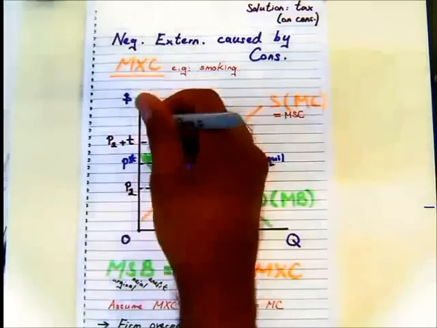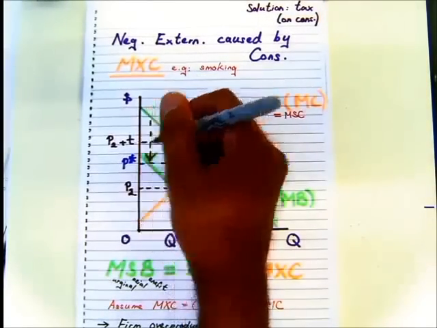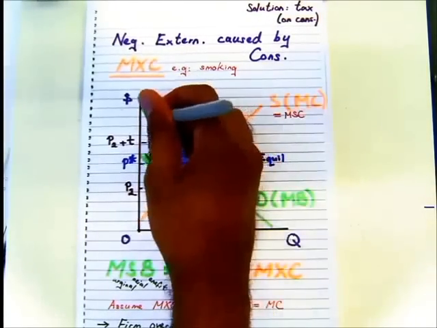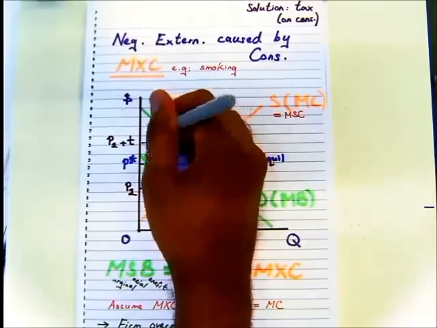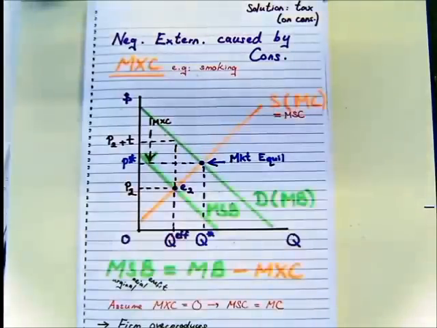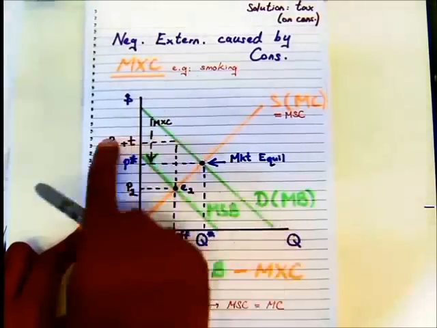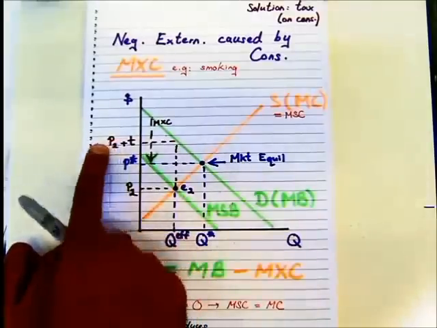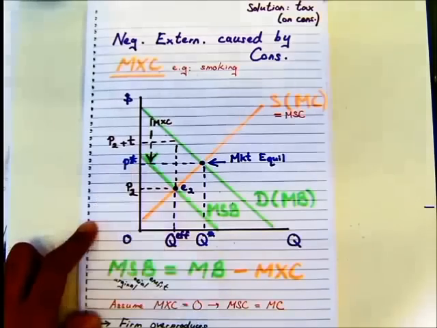So if you charge a tax that is equal in distance to the marginal external cost, so this vertical distance here is the marginal external cost, consumers will actually be paying a much higher price, P2 plus T, as opposed to the old price P star.